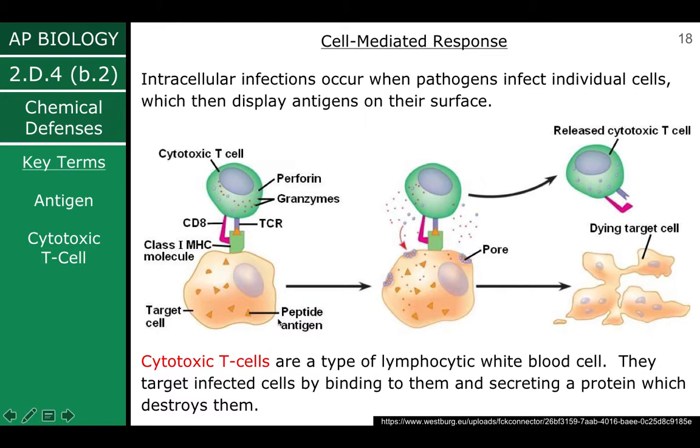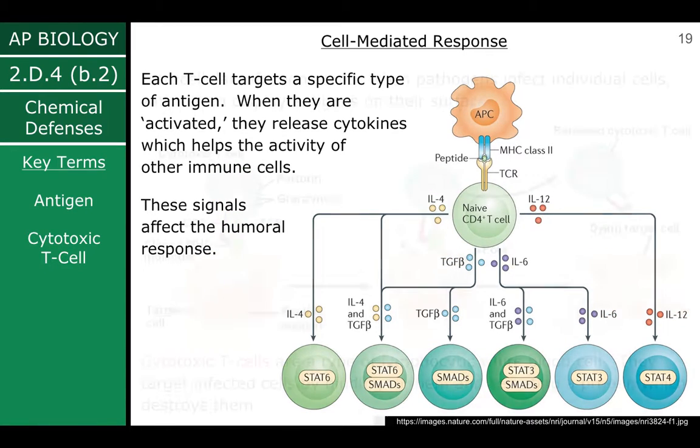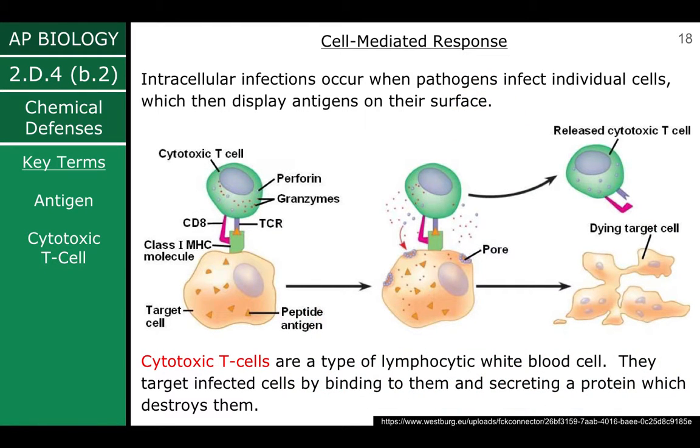So if this is our targeted cell with the antigen in it, our cytotoxic T cell can come in, secrete the protein, and then that protein will kill that targeted cell. Once again, that's the cytotoxic T cells.